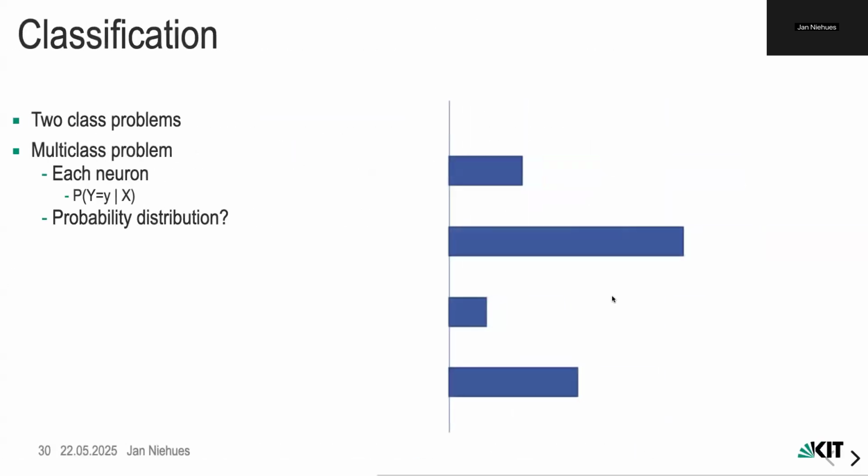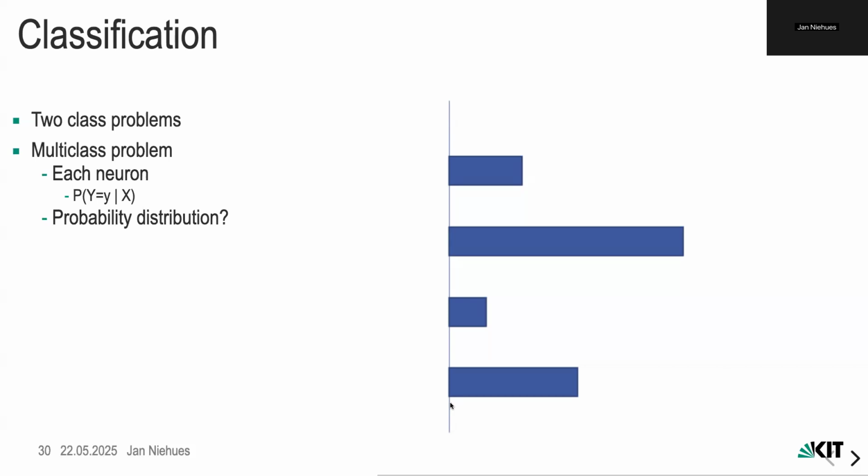How you're doing it is, in a multi-class problem, each neuron should represent the probability. So this is the probability that it's class 1, class 2, class 3, and class 4. Now we, of course, have to make sure that this is still a probability distribution.